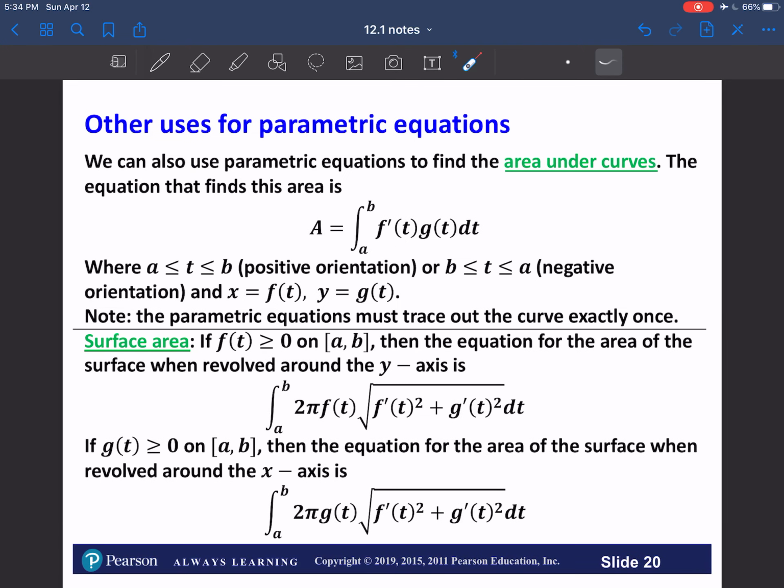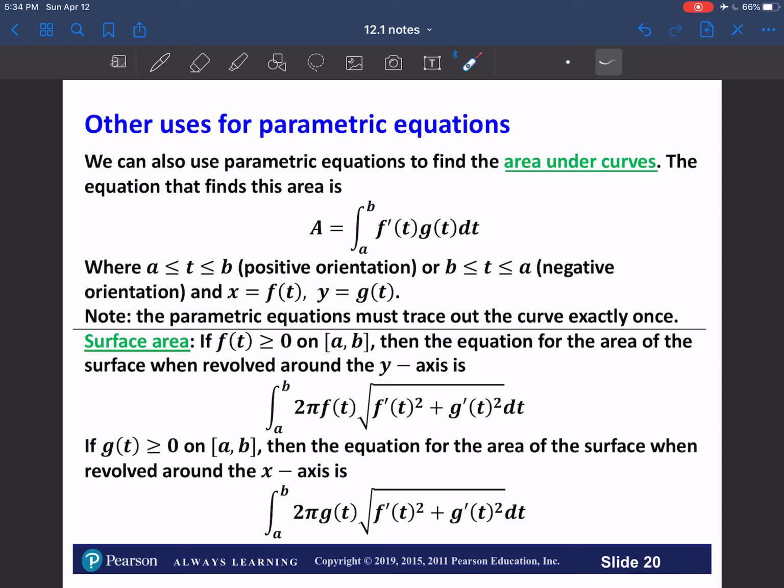All right, so there's also a couple other uses for parametric equations. One use is to find the area underneath curves. The equation that finds the area underneath a curve is this guy. It is the integral from a to b of f prime of t g of t dt, where t is between a and b, that's the positive orientation, or perhaps b is less than or equal to t, which is less than or equal to a, that would be the negative orientation.